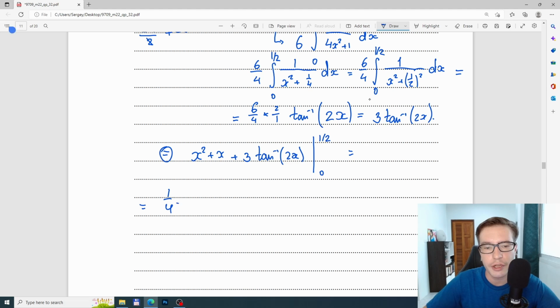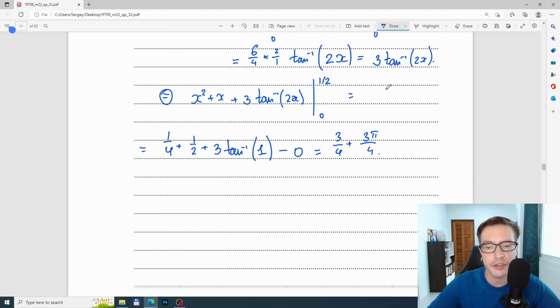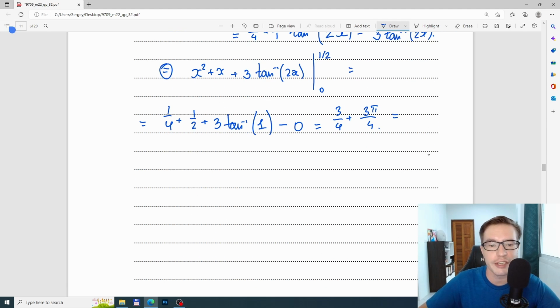We got 1 over 4 plus 1 over 2 plus 3 inverse tangent of 1 minus, if I substitute the lower limit, I got 0. Now simplify all of this together, and we got 3 over 4 plus 3 pi over 4. You can actually leave it as it is, or you can be a bit more fancy and take out 3 over 4 to get 3 over 4 times 1 plus pi over 4. I will leave this as the answer.